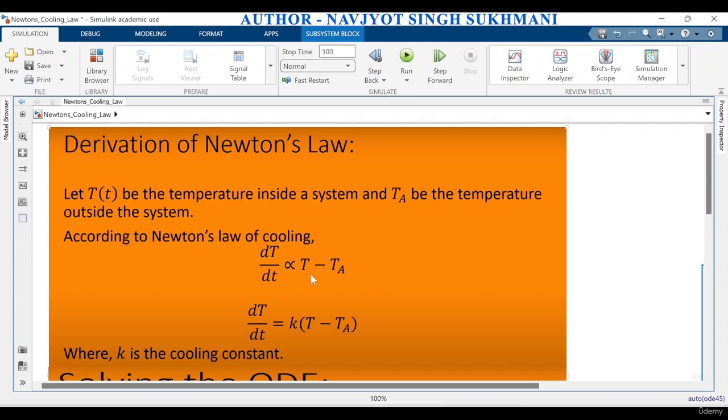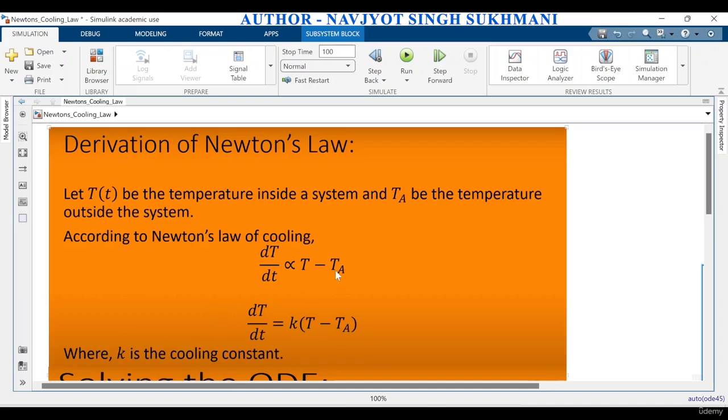So the rate of cooling is directly proportional to the difference between body temperature and surrounding temperature. Here in this equation, dT by dt is equal to k into (T minus Ta), where k is the proportionality constant.